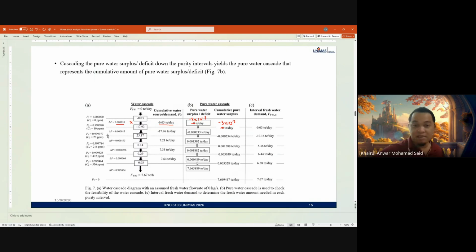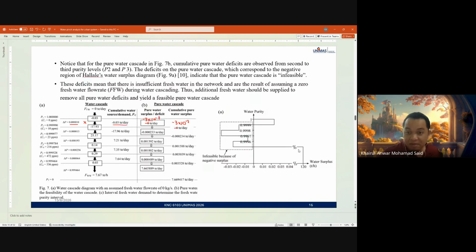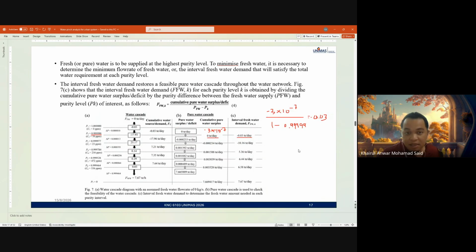In this interval, PK is 0.999, so we go back to this equation: 3 times 10 to the power of negative 7 divided by 1 minus 0.999.